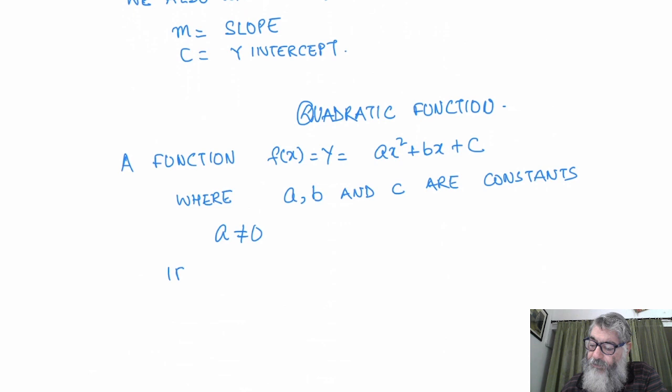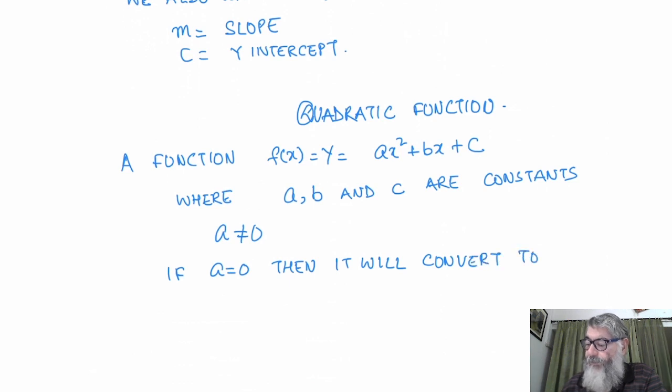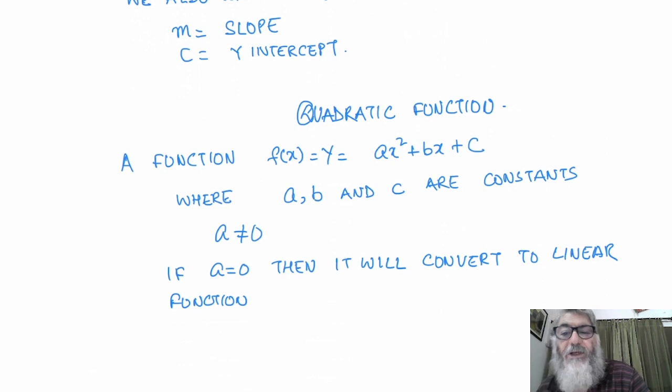Here b can be equal to 0, c can be equal to 0, but a cannot be equal to 0, because for a quadratic function, the highest power of the variable should be 2.